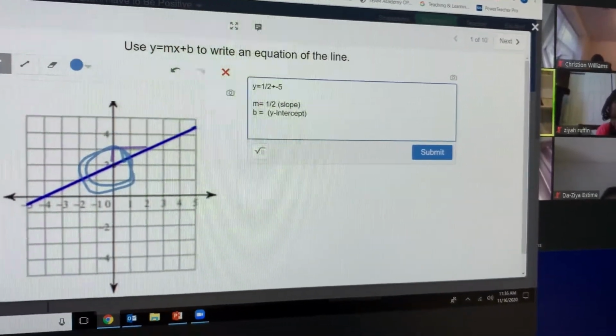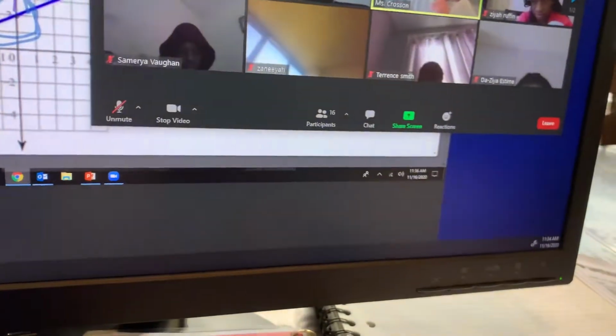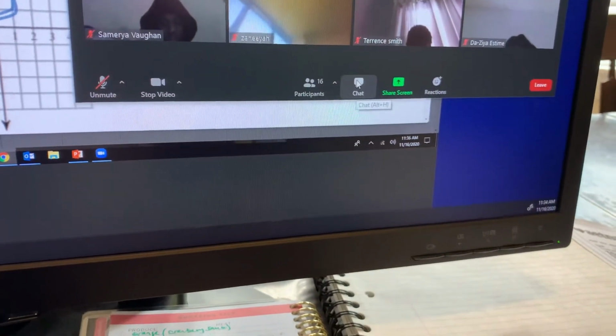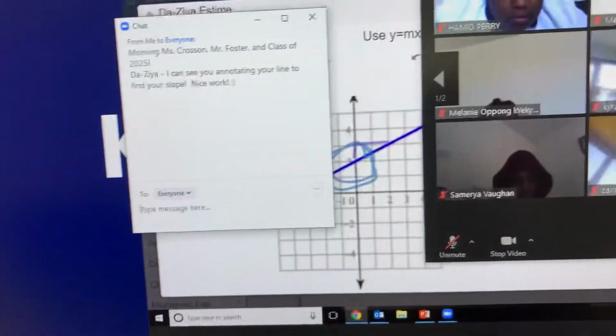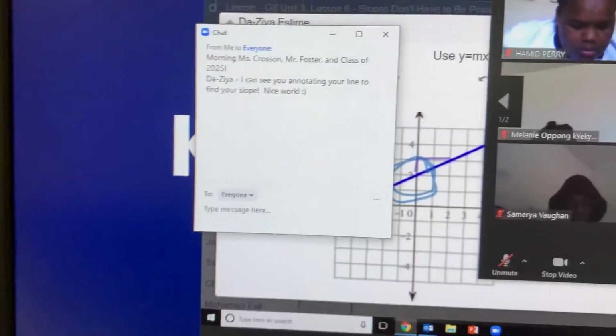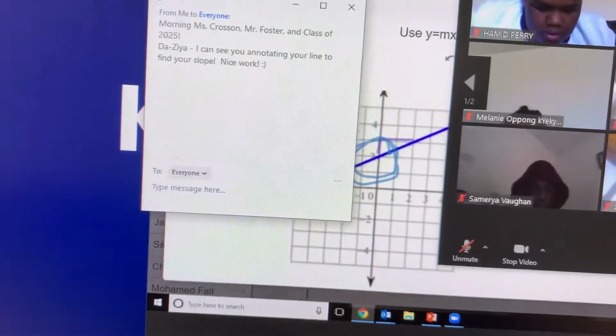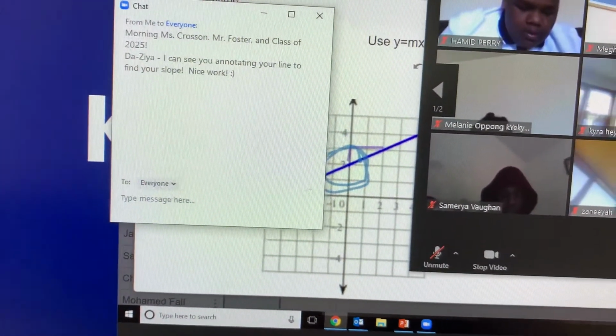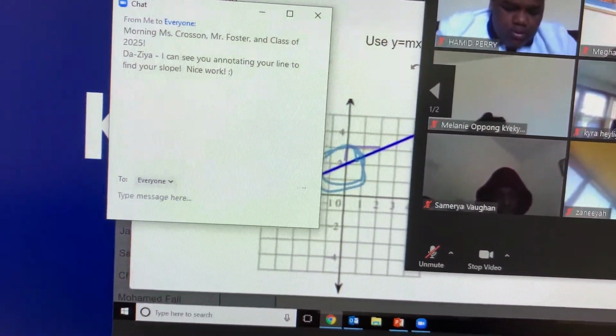In the chat, everybody tell me what is the y-intercept. Desire, you gotta check again, honey. I said 5 was incorrect. 5 is not correct.